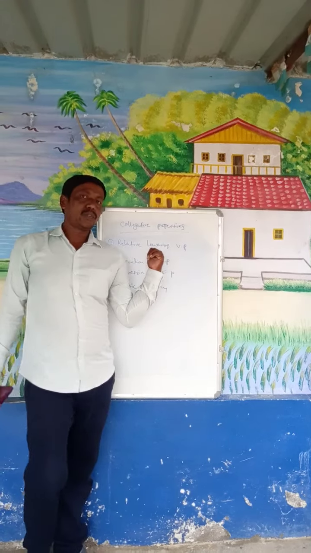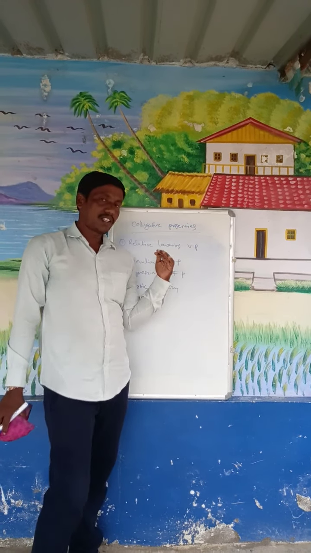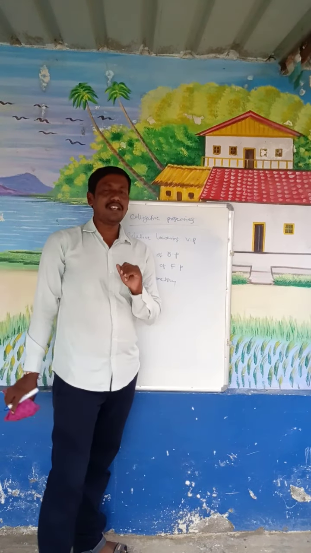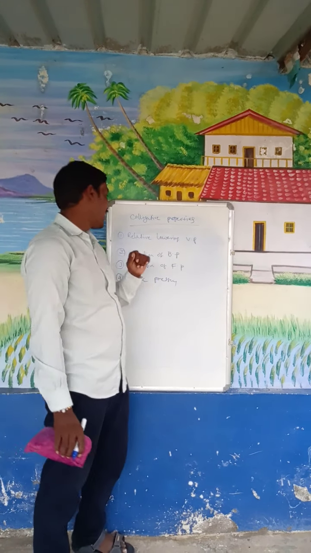These are the four important colligative properties. The solution properties which depend on the quantity of the solute particles, not on the nature of the solute particles, are called colligative properties.